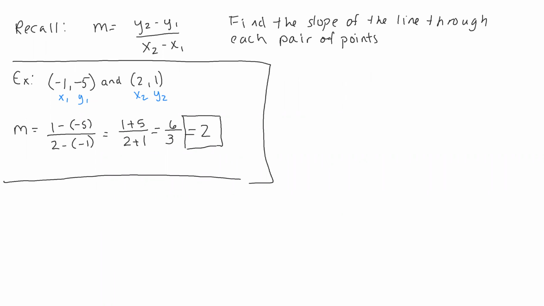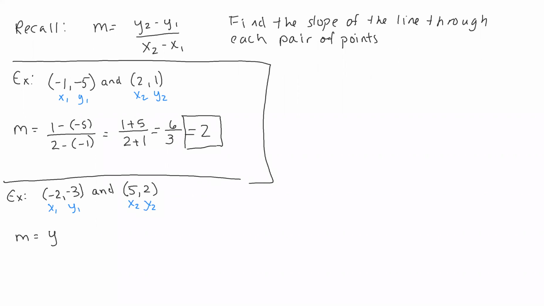So let's look at another example. Let's say in this case, we have -2, -3, and 5, 2. Again, we'll label the points just to be consistent. And we take the difference in the y's.